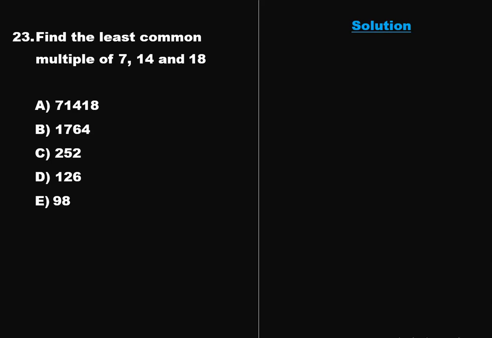We can easily find the LCM of the given numbers by listing all their prime factors. The prime factor of 7 is 7 itself. The prime factors of 14 are 2 and 7. And the prime factors of 18 are 2, 3, and 3.